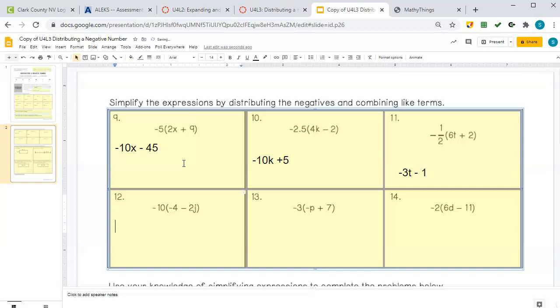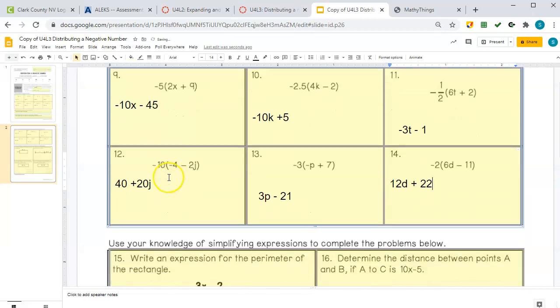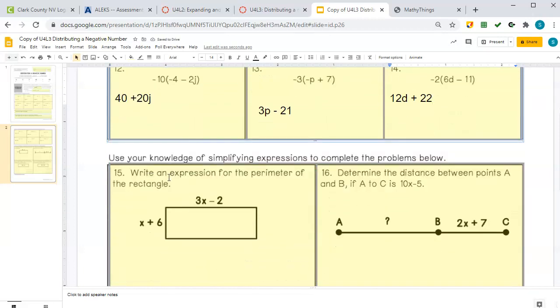And then here we're going to have 40 plus 20j. Here we're going to have 3p minus 21. And then here we're going to have negative 12d plus 22. Alright.